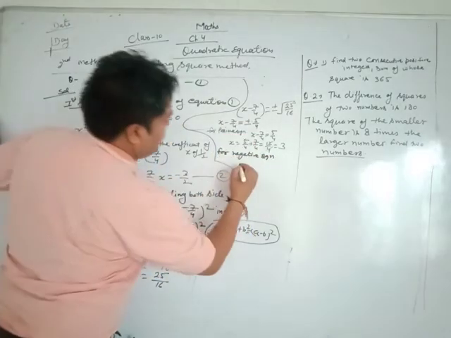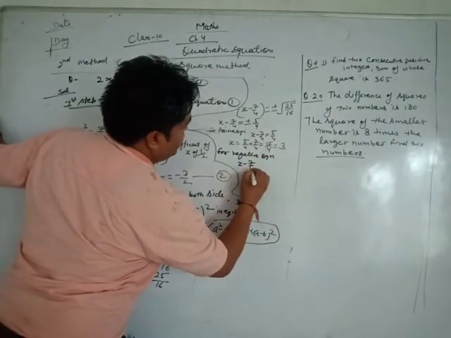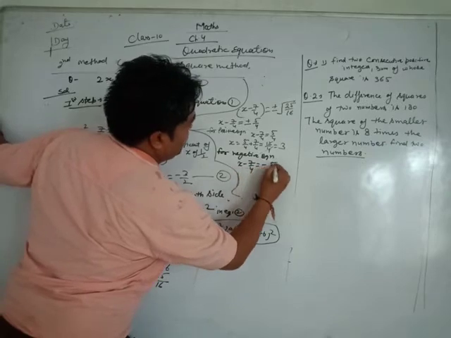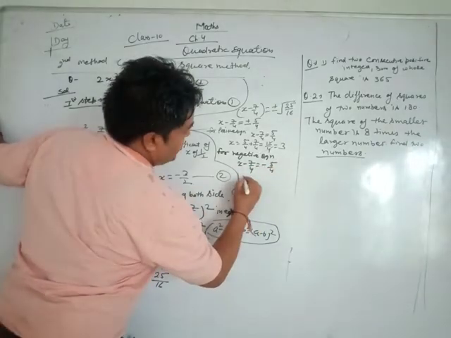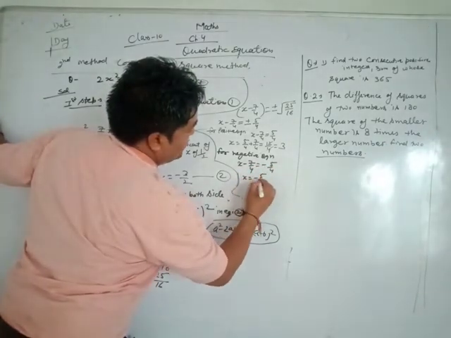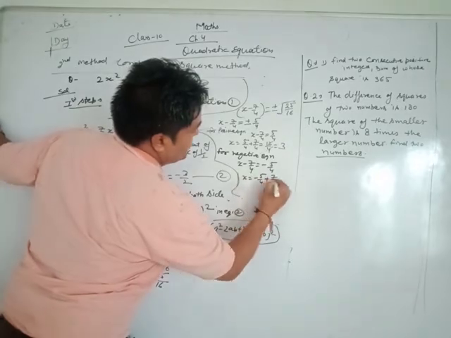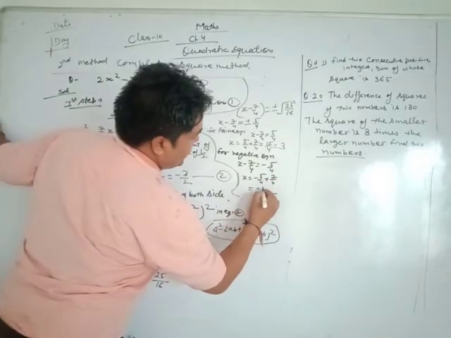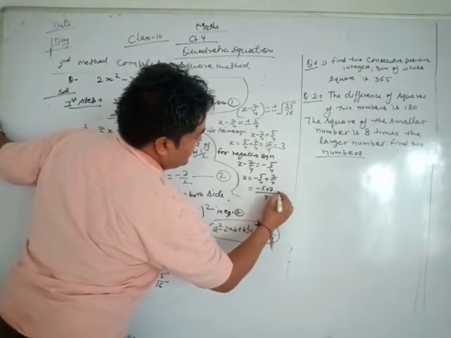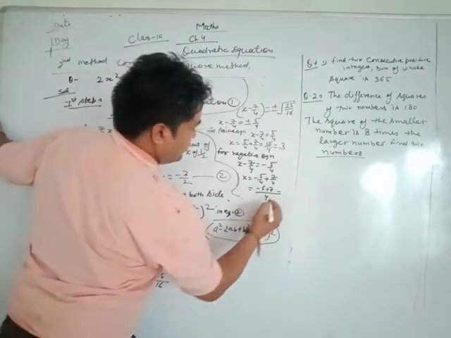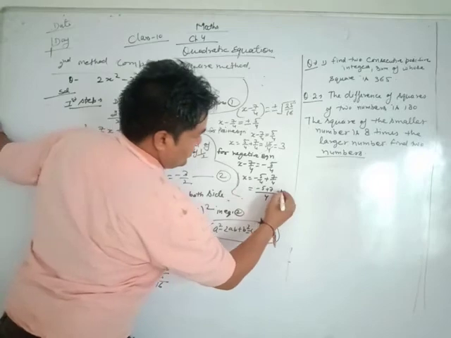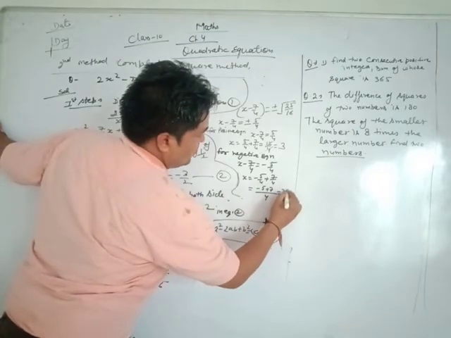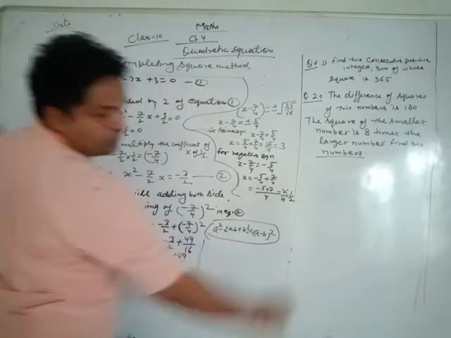For the negative sign, x minus 7 by 4 equals minus 5 by 4, again x equals minus 5 by 4 plus 7 by 4. Now take LCM 4, and minus 5 plus 7 equals 2 by 4, equals 1 by 2.